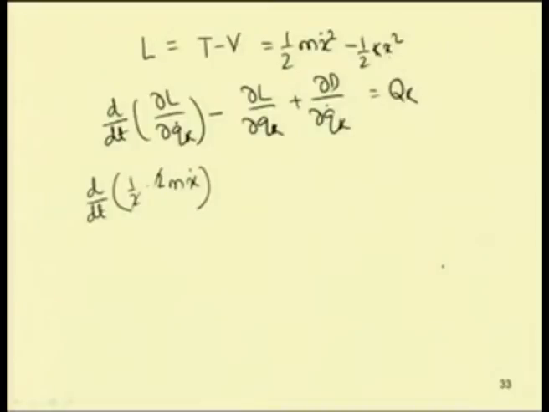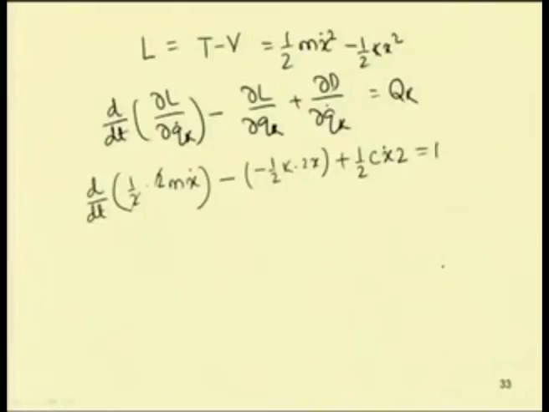As this is not a function of x dot, this becomes 0. So del L by del x will be minus of minus half k into 2x, and del L by del q k dot also becomes half c x dot into 2.